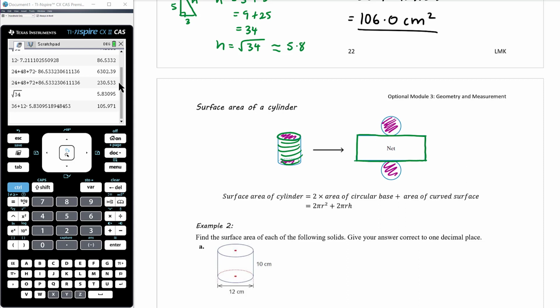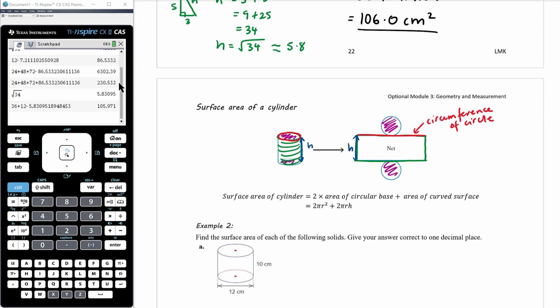And so it's a rectangle where the circumference of the circle corresponds to the width of the rectangle, okay? So that's going to be the circumference of the circle. Okay, and the height of the rectangle corresponds to the height of the cylinder.